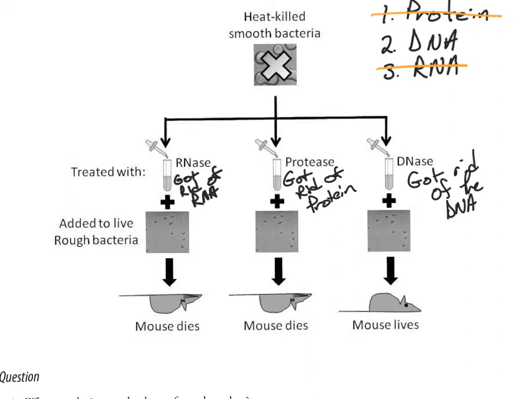Well, if DNA was the stuff that was making the rough turn into smooth, and you got rid of it, you'd expect that the rough would never turn into smooth and therefore would not kill the mouse, right? Well, guess what? The mouse lived. Eureka. DNA was most likely the molecule that transferred the information from smooth to rough.